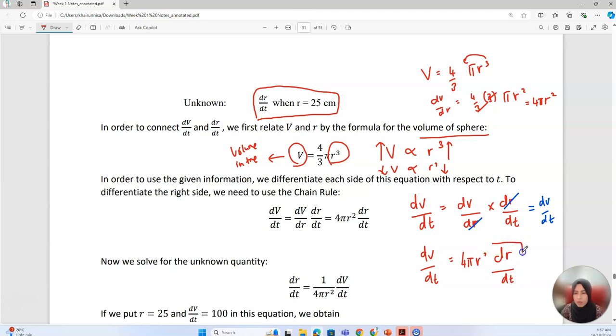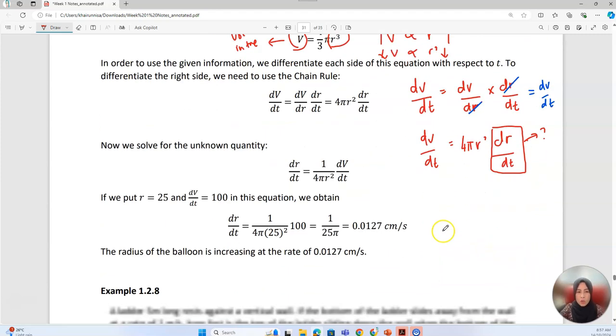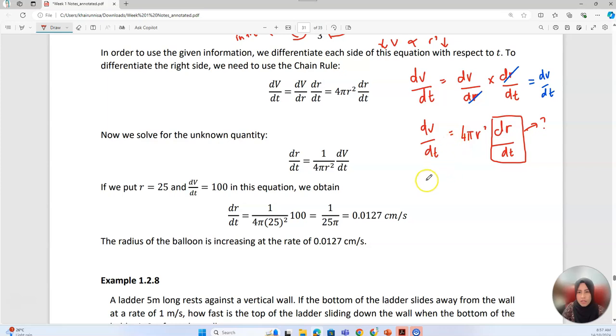This is the question, we need to find this. This one is unknown. And also, the question already mentioned that the dV/dt is 100 centimeter cube per second. And they want to know when the r is 25, and we can find the dr/dt here.